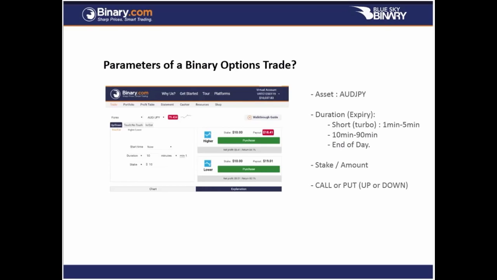After that, of course, you have to set your stake for the trade. So that's the amount of money of your total capital that you are foregoing for this single trade. And after that, you have to select the direction of your trade, which can be call, or up, or put, which means down.